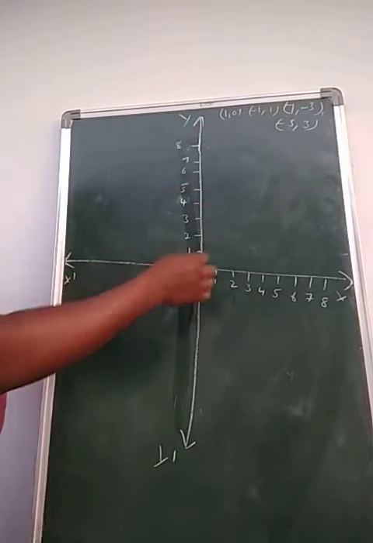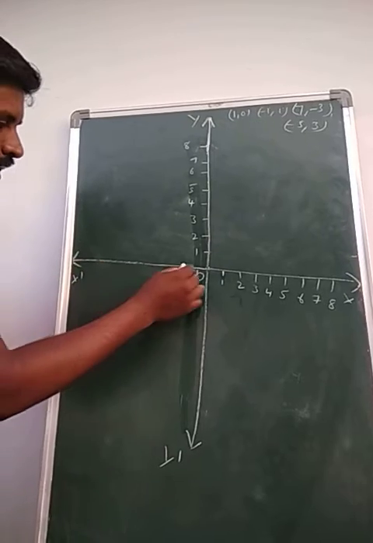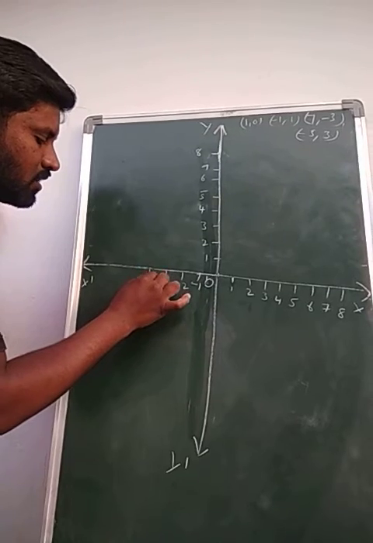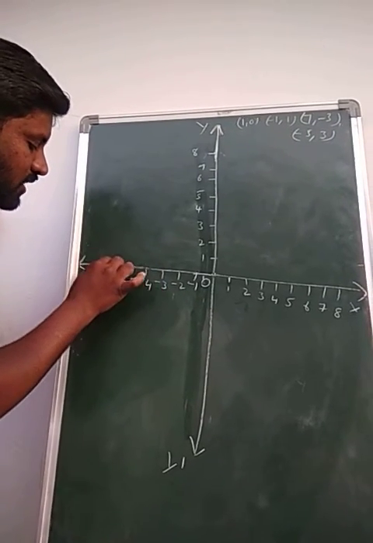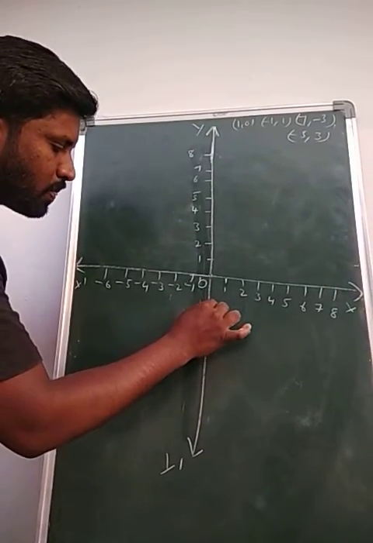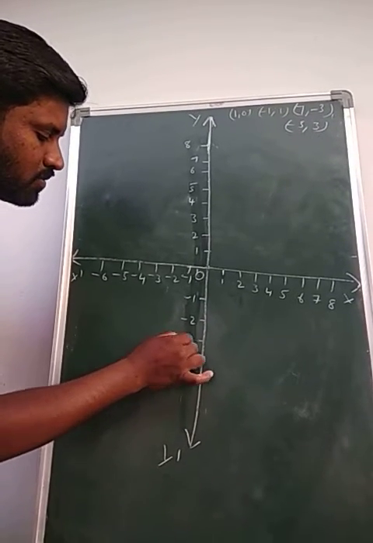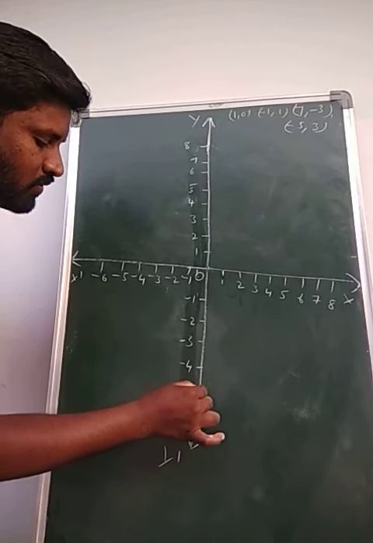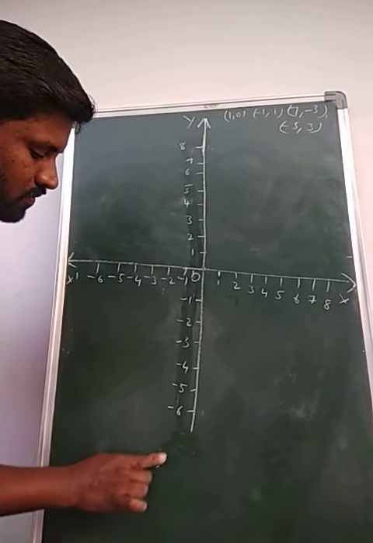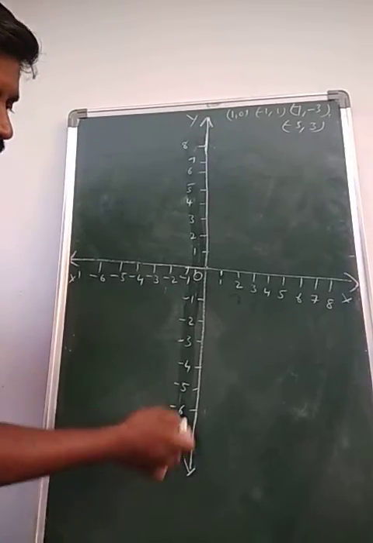Now on OX dash, negative: minus 1, minus 2, minus 3, minus 4, minus 5, minus 6. On OY dash also negative: minus 1, minus 2, minus 3, minus 4, minus 5, minus 6, minus 7, like that you can take.